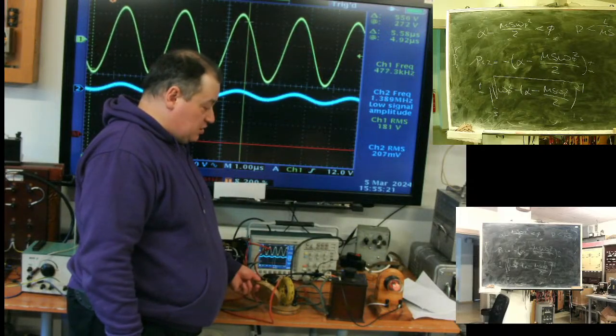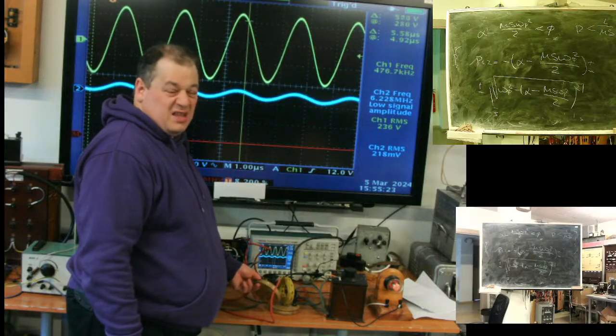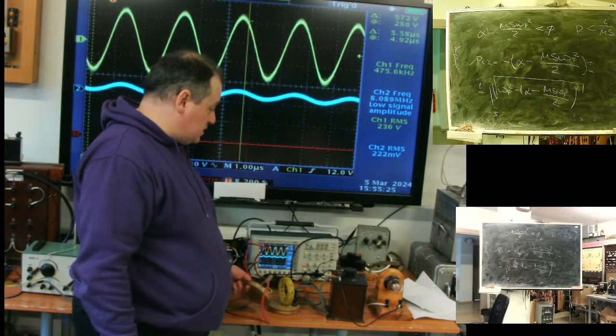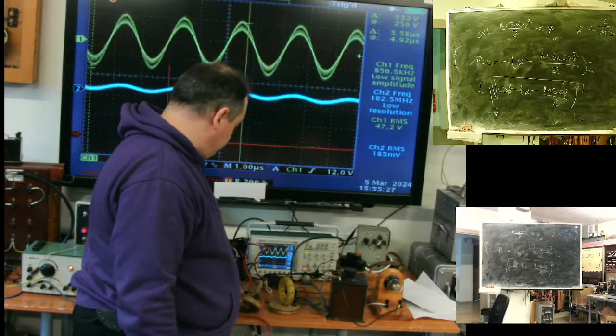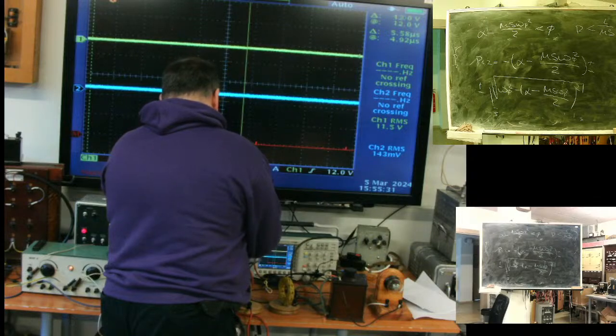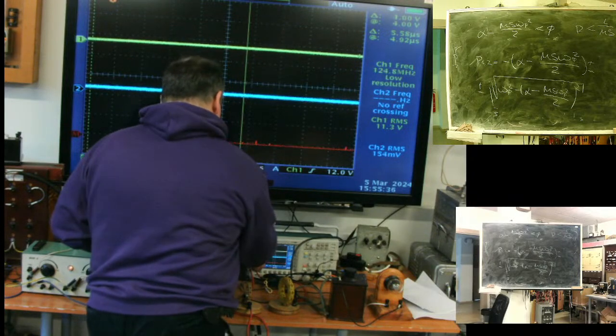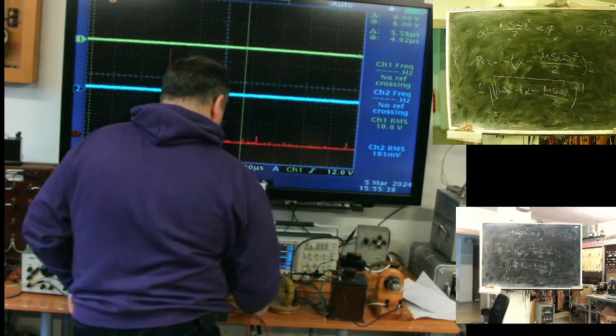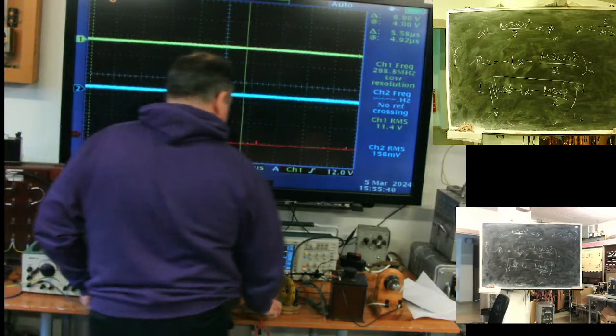Voltage can reach 300 more volts. I don't want to risk it. So what can we tell?